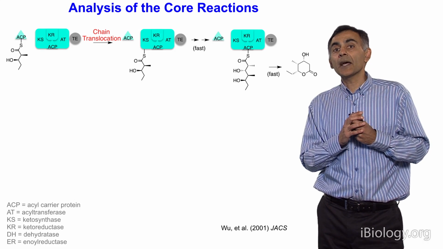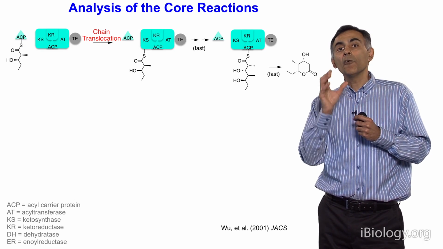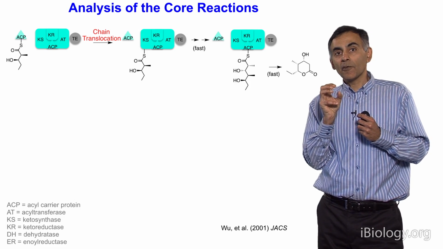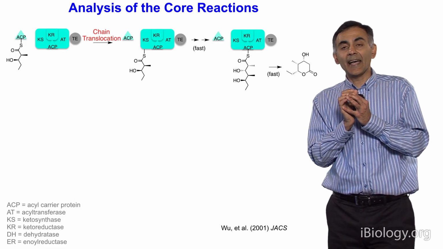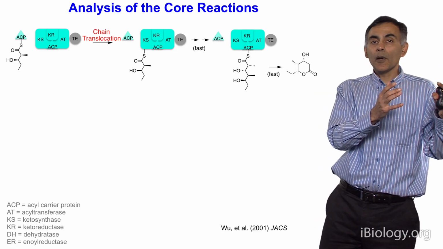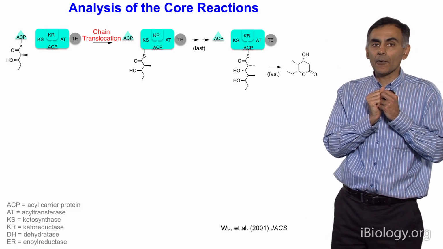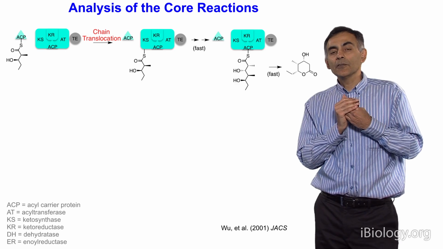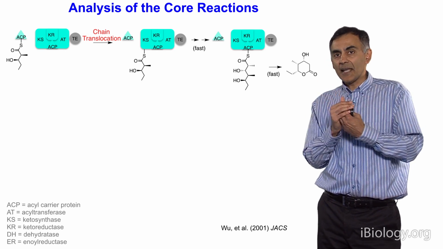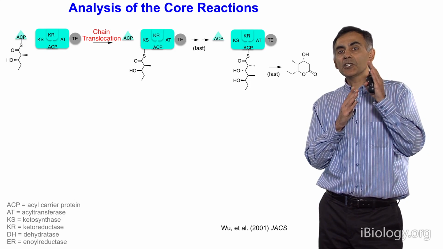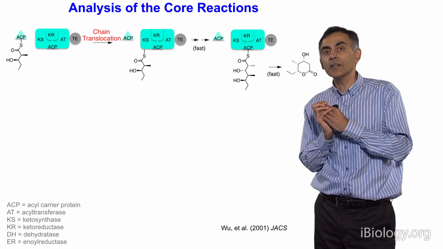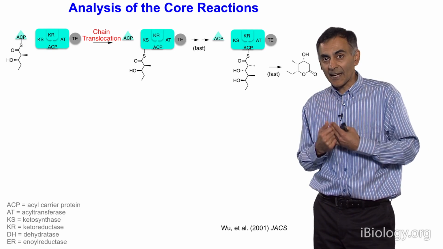And if we want to interrogate just that reaction for one module, what we do is we pull out that module from the rest of the assembly line, purify that to homogeneity, present it with a chemoenzymatically derived acyl carrier protein that has the growing polyketide chain substrate bound to it, and we put it into a test tube so that the chain translocation event, the movement of that growing polyketide chain into the module, is the slow kinetic step.